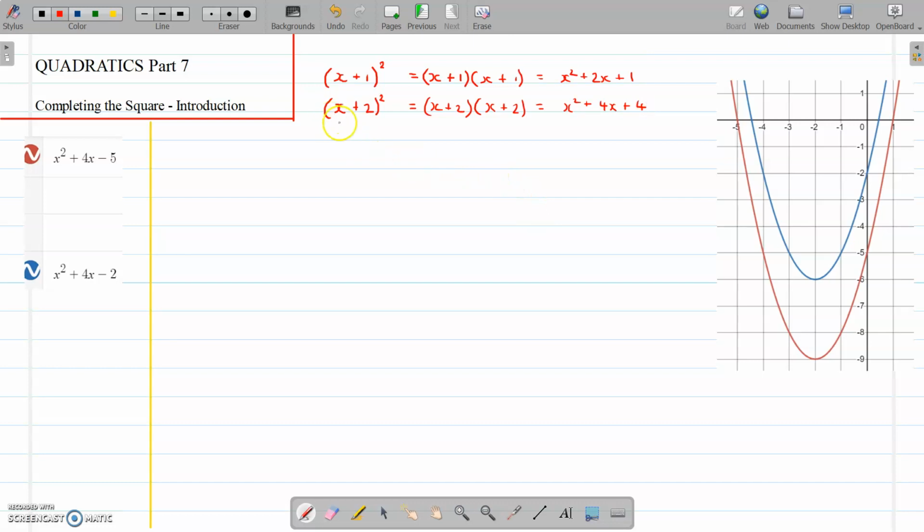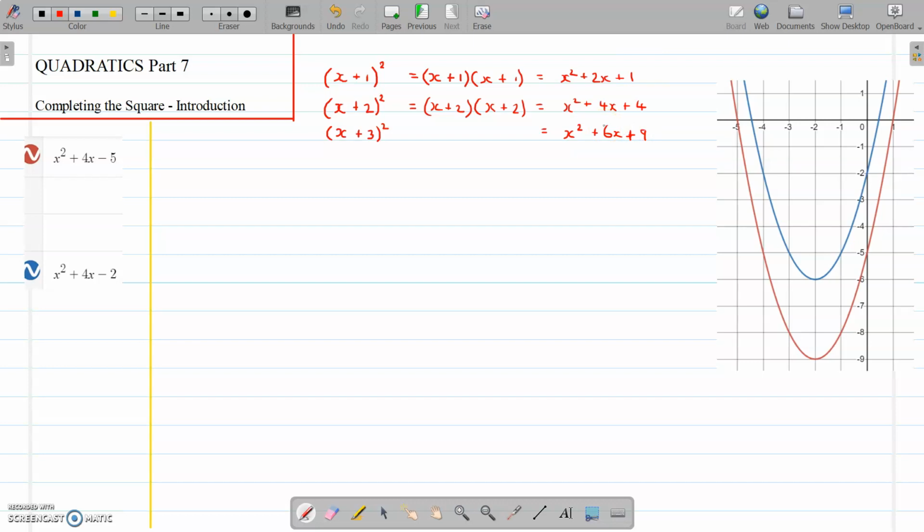And if I were to do x plus 3 all squared, I will miss out the next step, because I think you might be able to see that that's going to lead on to x squared plus 6x plus 9. All right, and there are patterns forming there which I hope you can see.